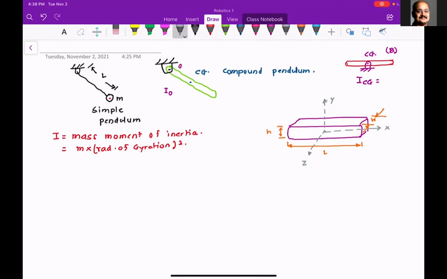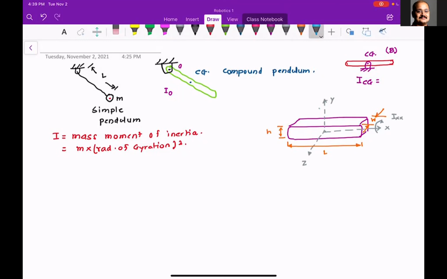I want you to visualize that this slender rod can rotate about X. So I'm going to call this rotation mass moment of inertia about X as IXX.